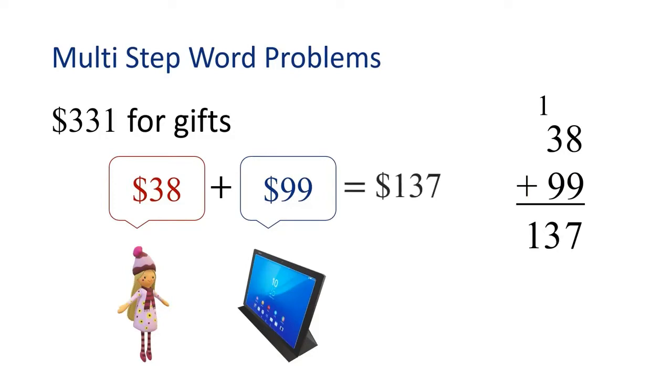Lily spent $137 total on the doll and tablet. So how much money does she have left? If Lily started with $331 and spent $137, we need to subtract 331 minus 137.